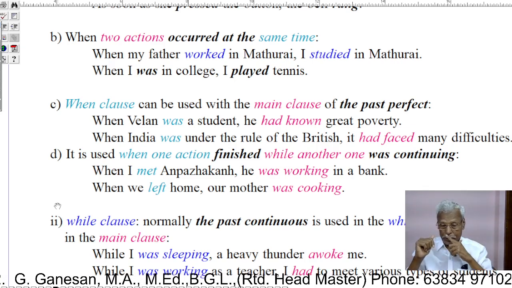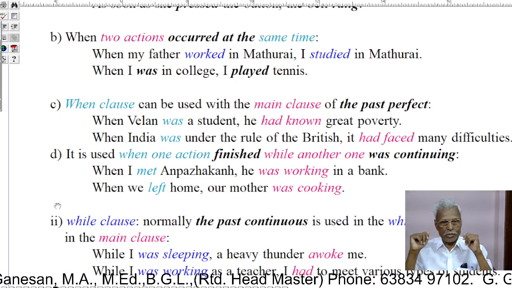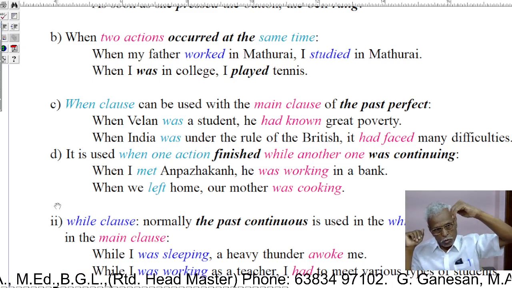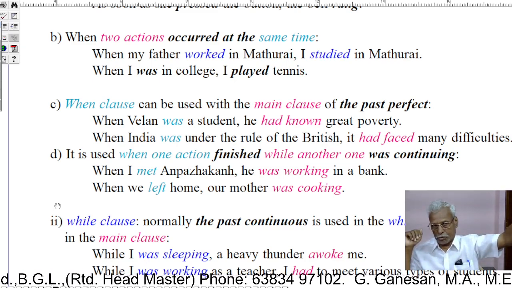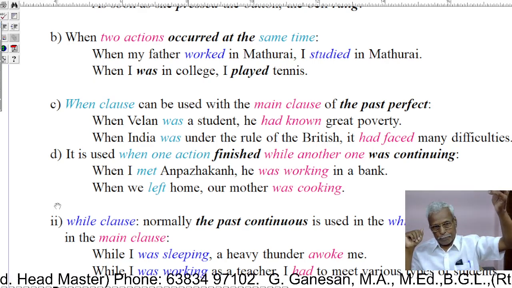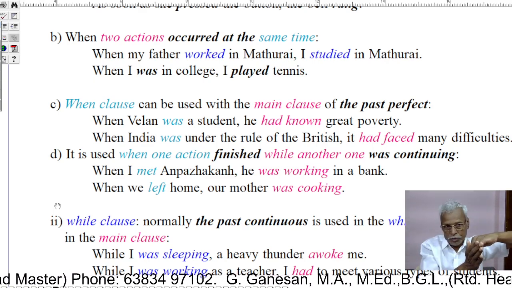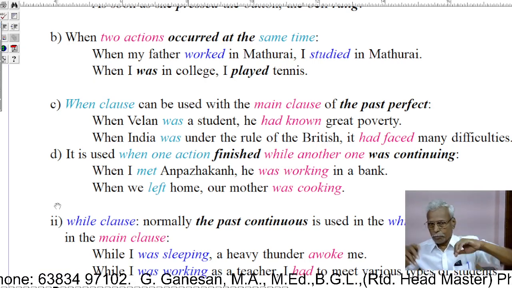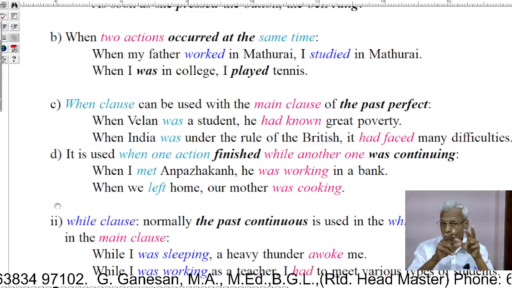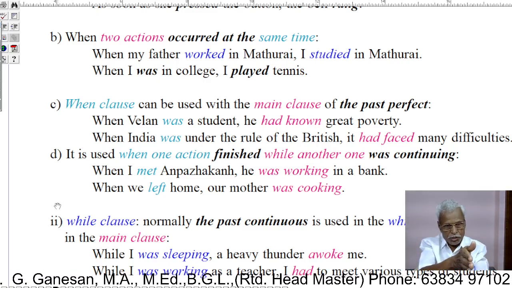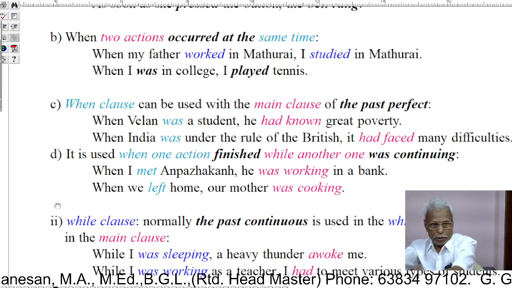Now, the third one is when two actions happen in the past. When two actions were going on in the past, one action finished, terminated, and the second action was going on.